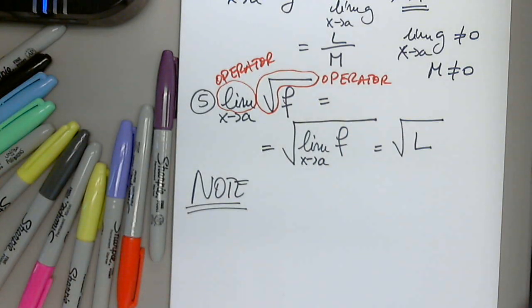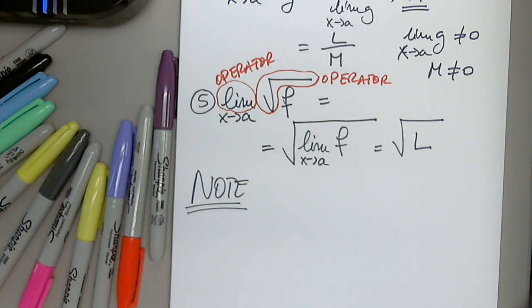Can anyone tell us what really happened here? What did I do with these two operators? You can say I interchanged them or swapped them. The inside operator became the outer operator, and the outer operator became the inner operator.